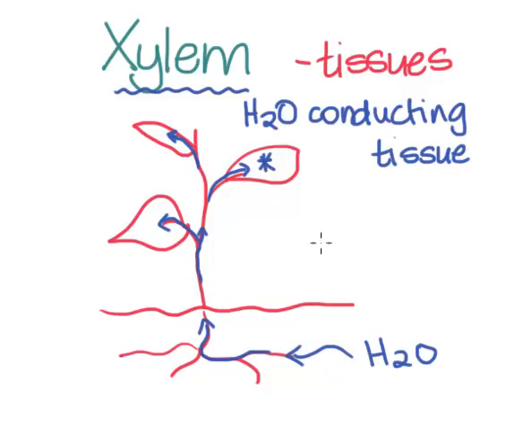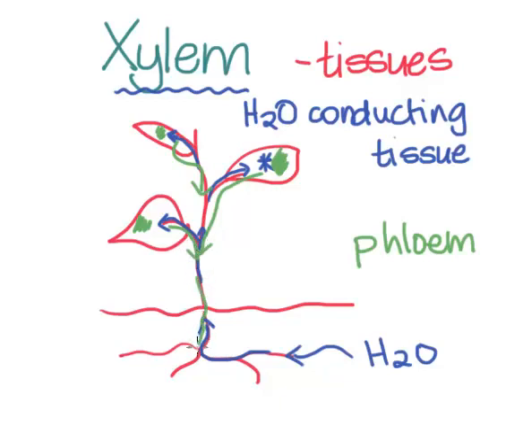The water conducting tissue, xylem, is found throughout the plant, together in bundles with another kind of conducting tissue known as phloem. Now, tomorrow we will look at phloem in detail, but you need to remember that in the leaves, food is made, and the food needs to get from the leaves to other parts of the plant.